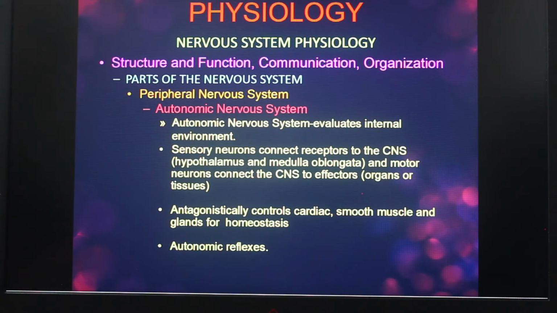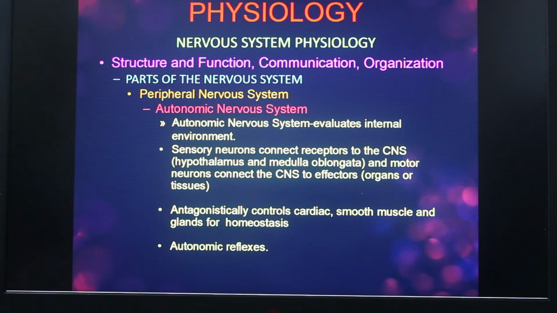If we look at our autonomic nervous system, it evaluates the internal environment. Sensory neurons connect receptors to the central nervous system, to the hypothalamus and medulla oblongata, and motor neurons connect the central nervous system to effectors, organs, or tissues.